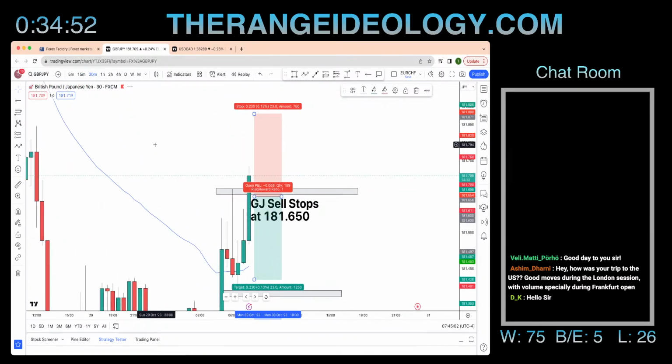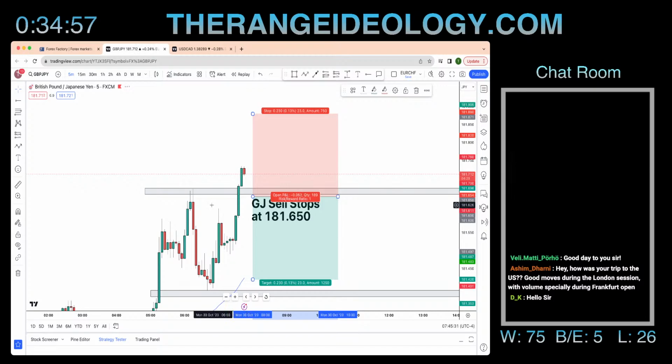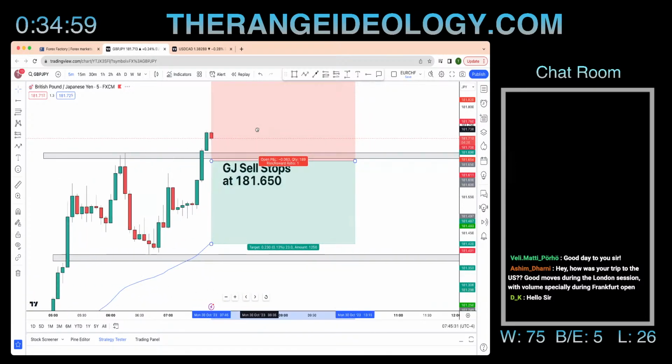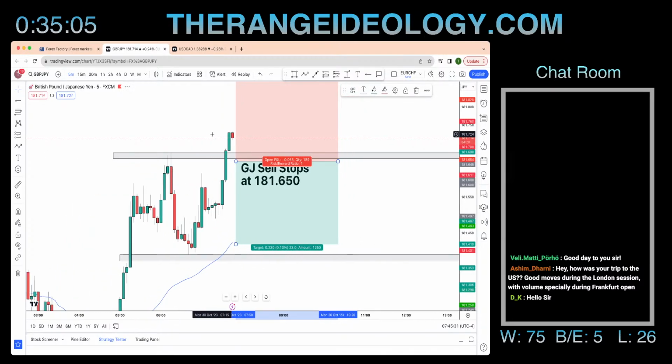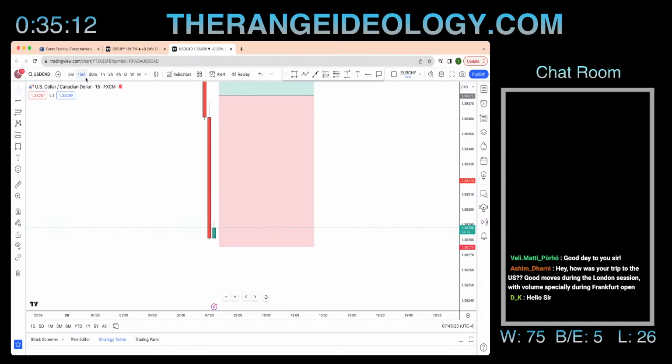Again, the 30-minute candle can just be sucked right back into the range here. So very, very critical here to see how this candle could push down. So let's see. Wow, look at USD CAD here. No bottom wick again.